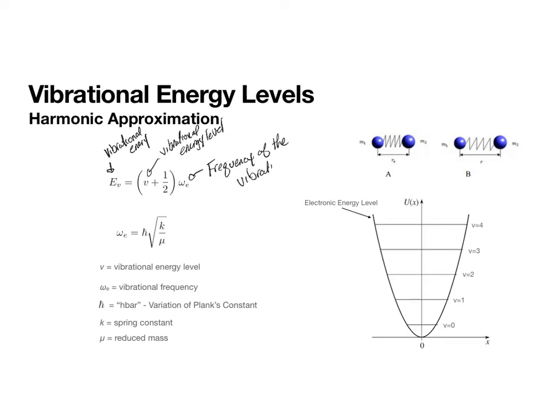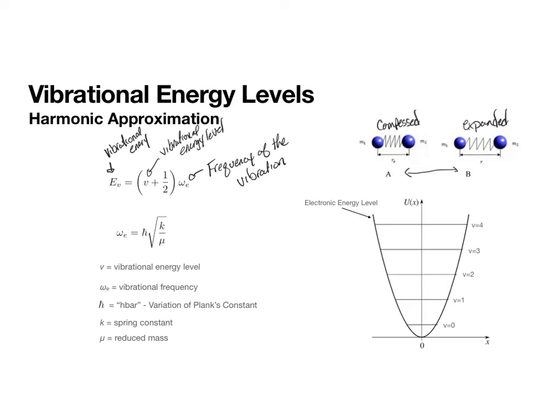And so when we say frequency of the vibration, we are talking about how many oscillations per unit time we get. So we're really talking about going from state A to state B and back again. So this is compressed, a shorter bond, to expanded, a longer bond, and back again.